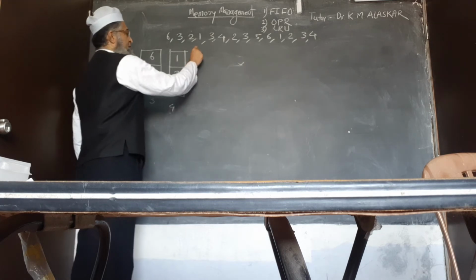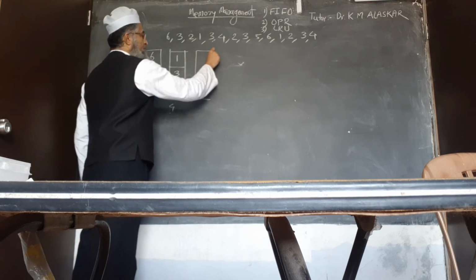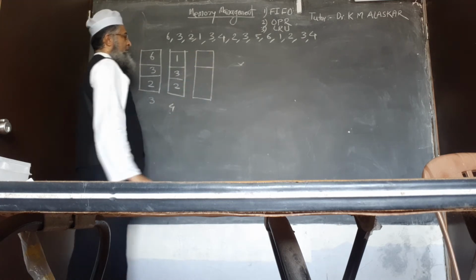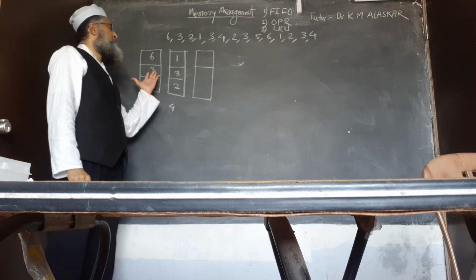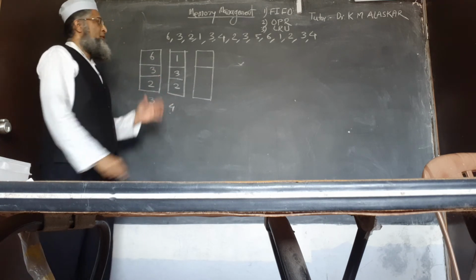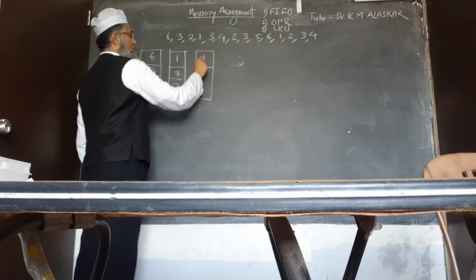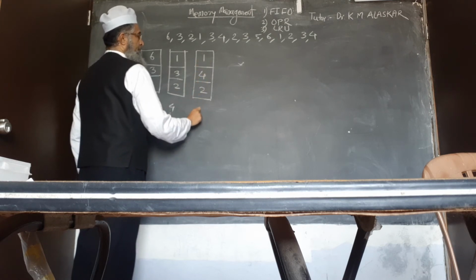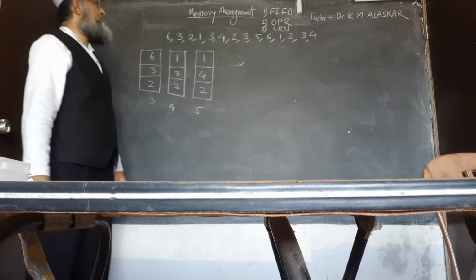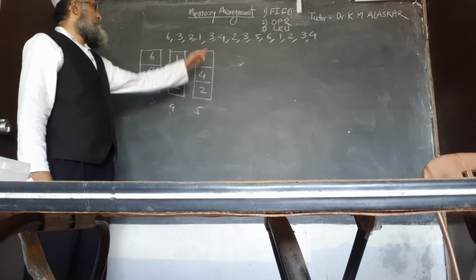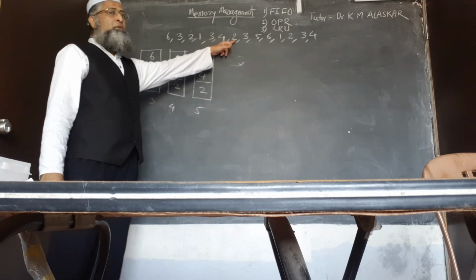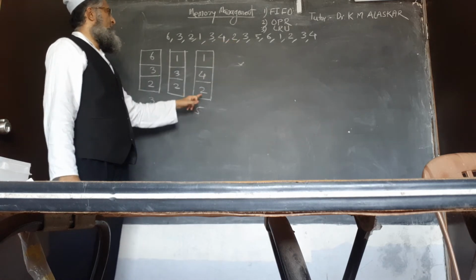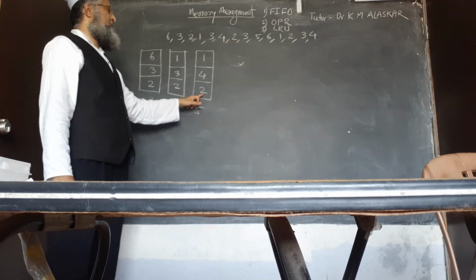Then next it is 4. So which comes first? 3 comes first, so we will replace it. So 1, 4 and then 2. Then 2 is already available, so not necessary.